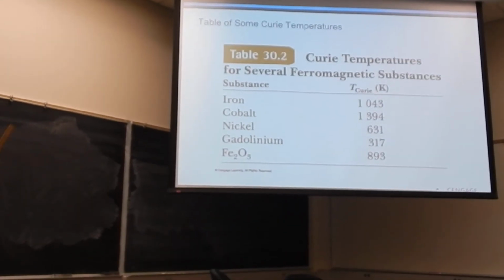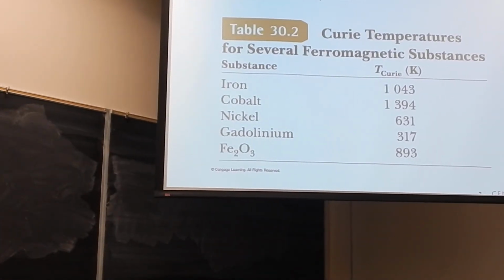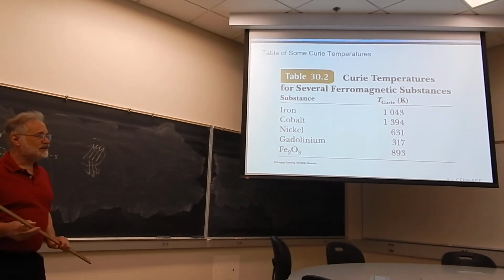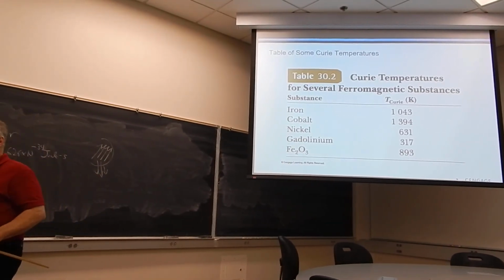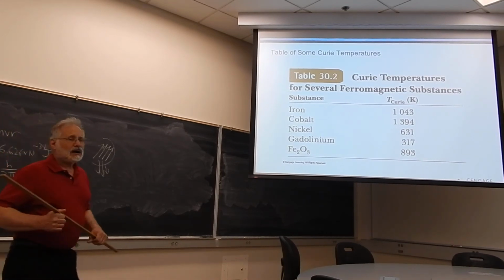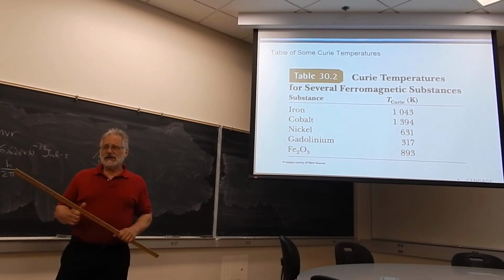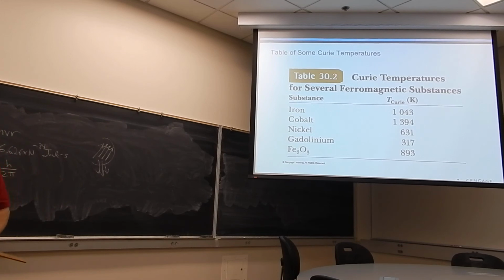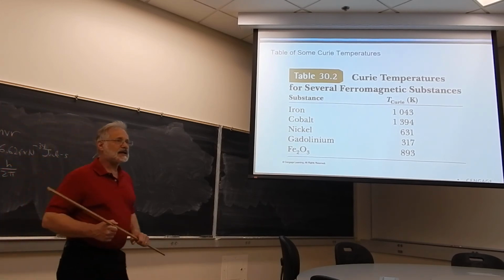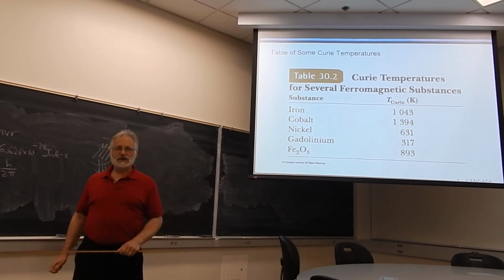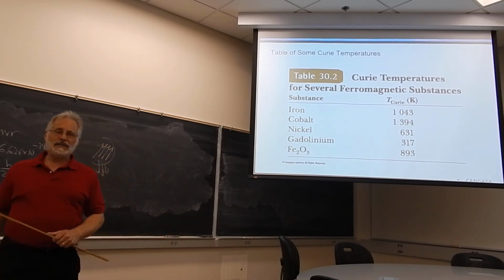You see that with iron, it's 1043 kelvins, cobalt 1394, and so on and so forth. That also would probably convince us when we think about the interior of the Earth that it's a misunderstanding to say that it's the fact that the core is solid iron that causes the Earth to have a magnetic field.